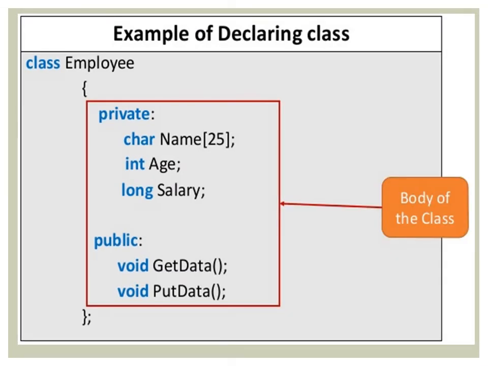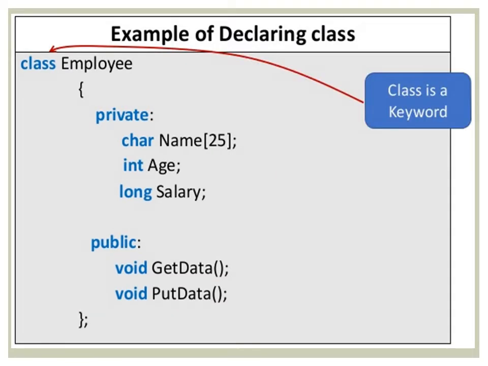The private members are char name[25], int age, long salary, and in public, void getdata and void putdata. This part comes between the opening bracket and the closing bracket, and this part is called the body of the class. Here class is the keyword for the class employee. So this is the way of declaring the class.